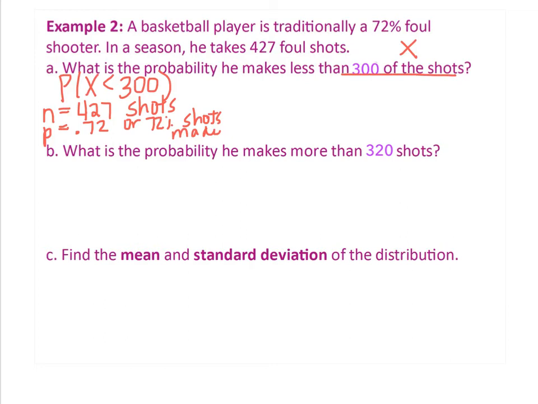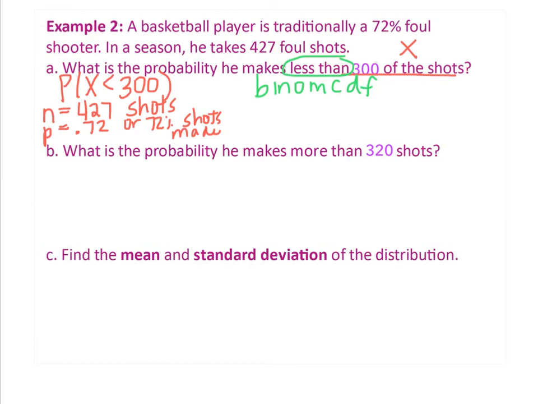Well, if I want to use my formula, and if I think about the two formulas, I have a PDF and a CDF. If it says less than, this would be binom CDF. And we said that binom CDF stands for cumulative, so less than, meaning everything below 300, not just exactly 300.